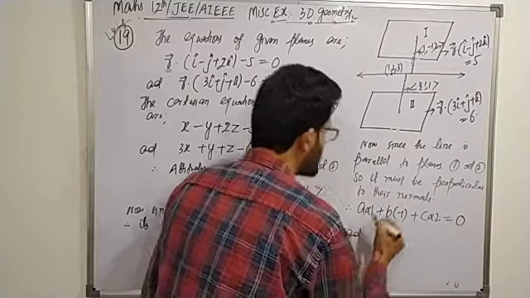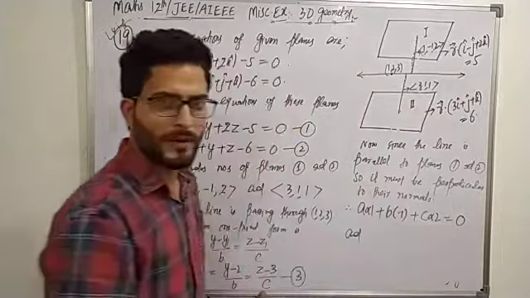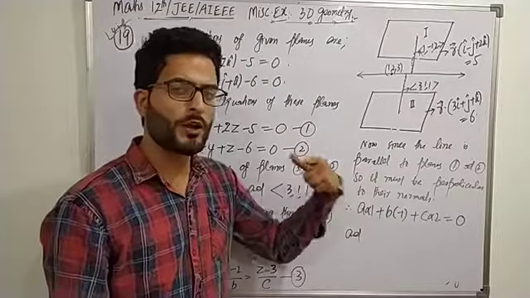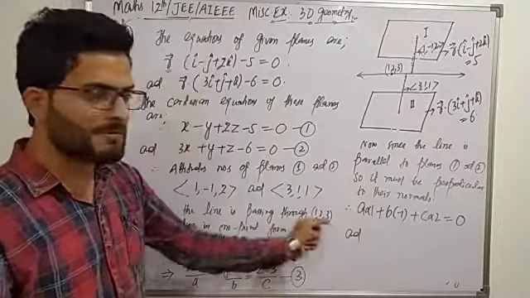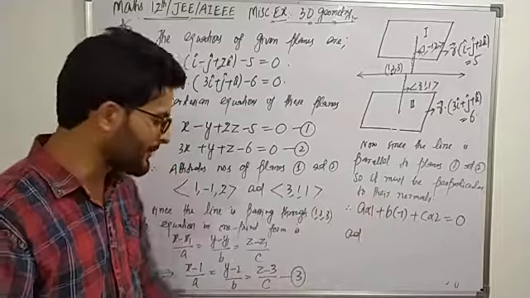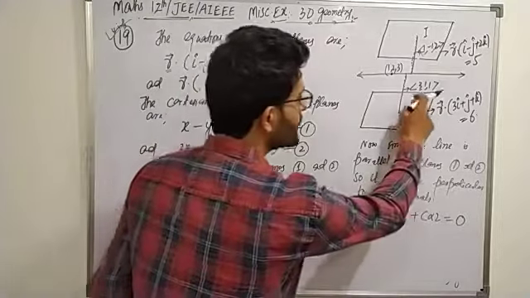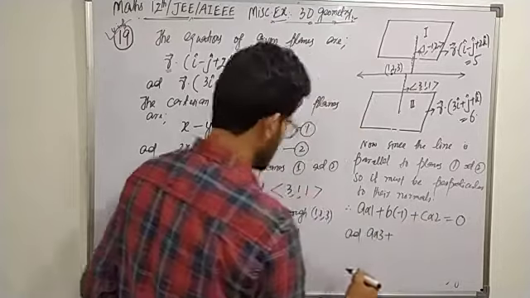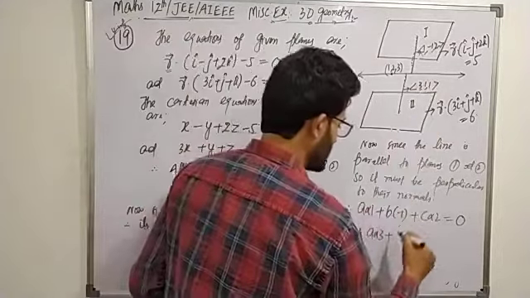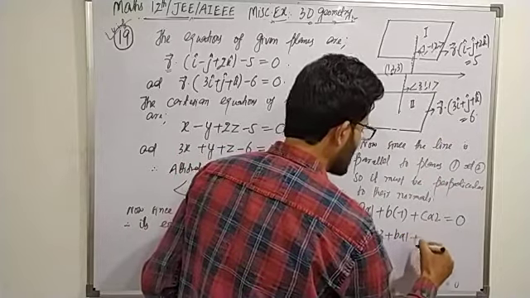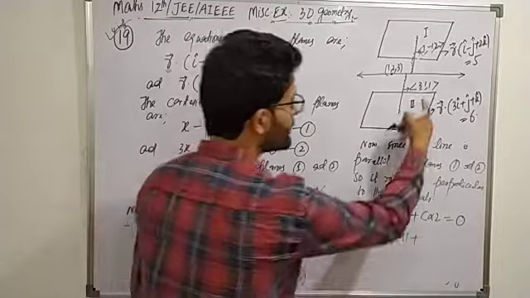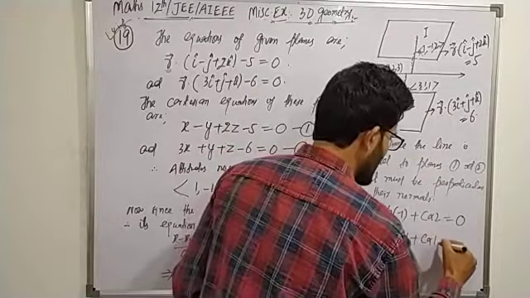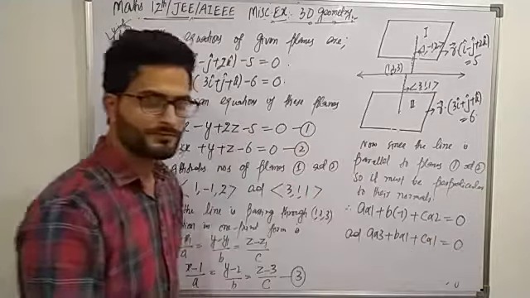And this line is again parallel to plane second, so it must be perpendicular to the normal. So again the sum of products of direction ratios will be equal to 0. That means a into 3, plus b into 1, plus c into 1, must be equal to 0.